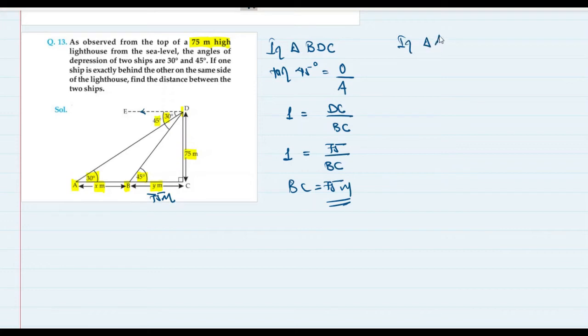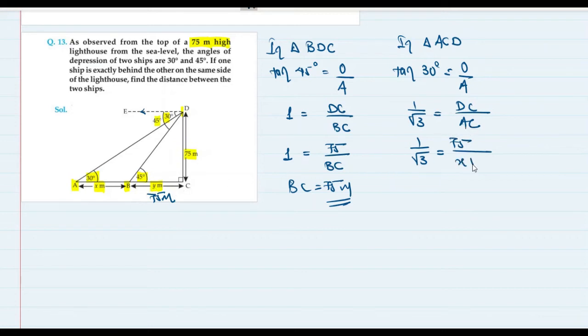So in triangle ACD, tan 30 degrees is equal to opposite upon adjacent. Tan 30 is 1 by root 3. Opposite of 30 degrees is DC and adjacent is AC. So 1 by root 3 is equal to DC, and DC is 75, don't forget. And AC is AB plus BC, that is x plus 75.